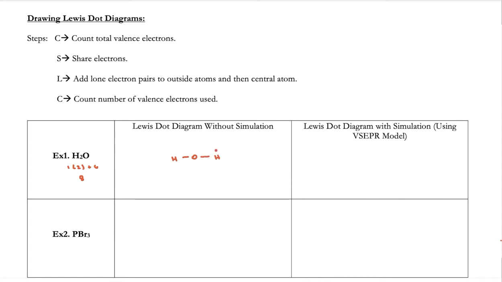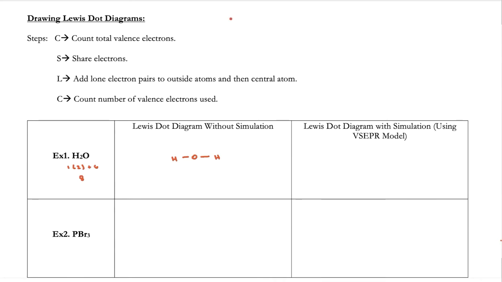So normally I would add an additional 6 electrons around the atom in order to have it have a total of 8 valence electrons. But hydrogen here, both of these hydrogens are happy with just 2. Oxygen, however, wants to have a total of 8 valence electrons. So it already has 2 from this bond, 2 from this bond, so it's got a total of 4. So it needs an additional 4 electrons, and we represent that as pairs of electrons.